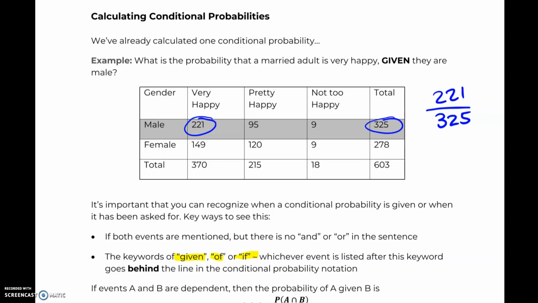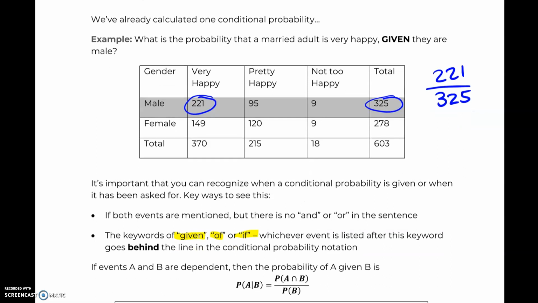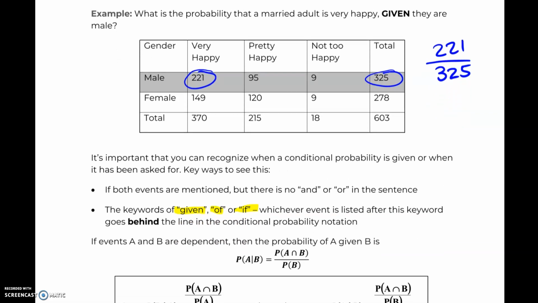There's also no "and" or "or" included, but we do have events in our description. So this is something you can remember. If we're trying to find conditional probability, there's usually either a given, an of, or an if statement. We have two events that are not connected by an "and" or an "or."